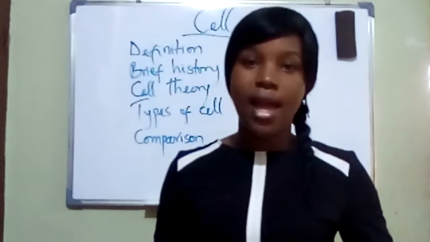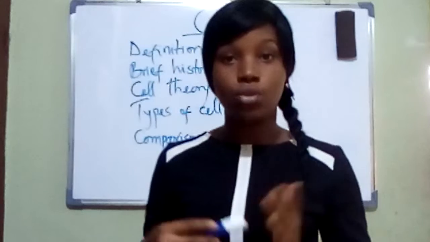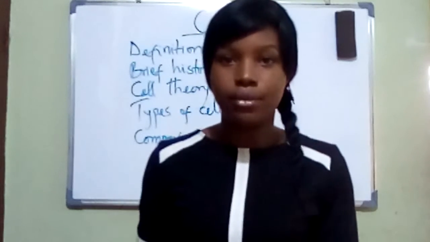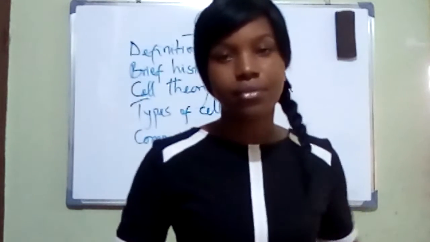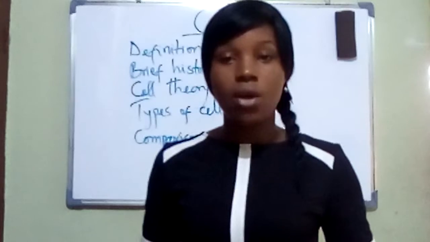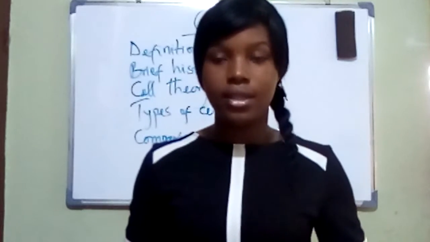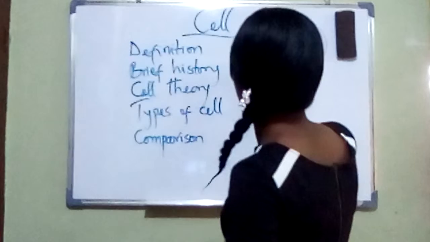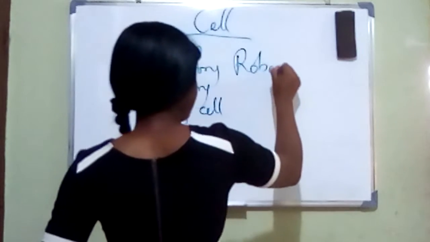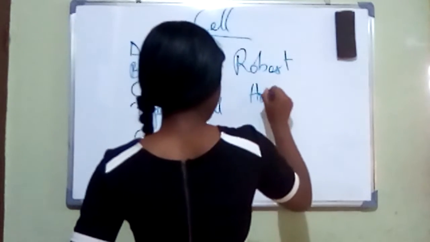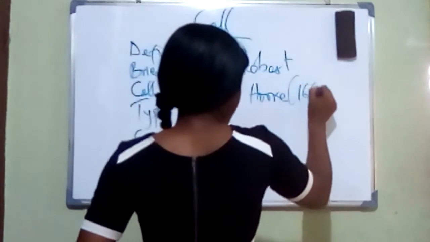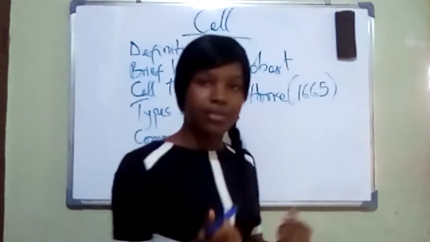I told you in the last class that you will get to know about how we got to know the cell. The cell was first discovered and named by an English scientist named Robert Hooke in the year 1665.